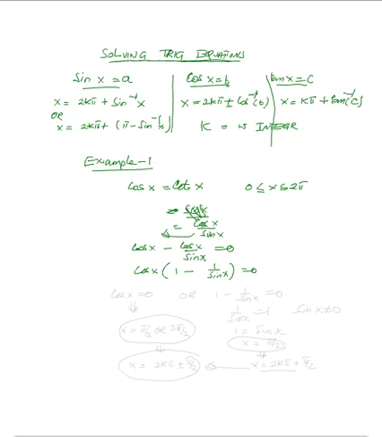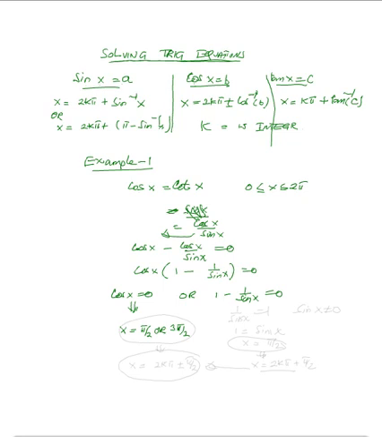From here I could say either cosine of x equals 0 or 1 minus 1 over sine of x equals 0. The first equation gives values for x, and since we are looking for a solution within 0 and 2 pi, x could be either pi over 2 or 3 pi over 2.